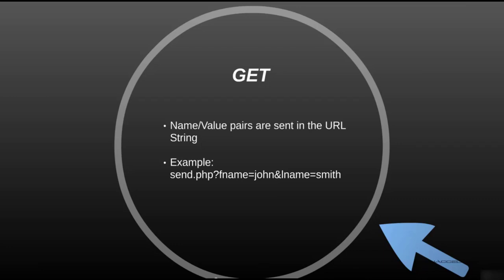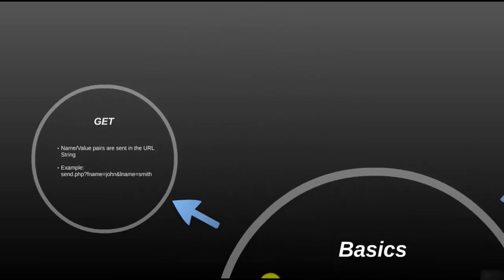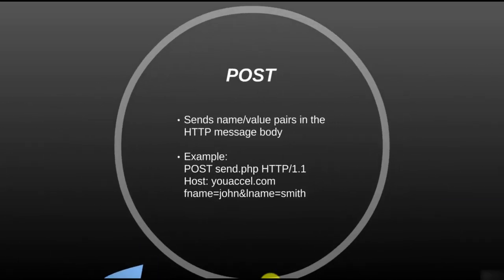Here, we can see the values contained in the fname and lname field are attached to the end of the file name of our form action, send.php. The post method, on the other hand, sends the name and value pairs in the HTTP message body, as shown in this example.